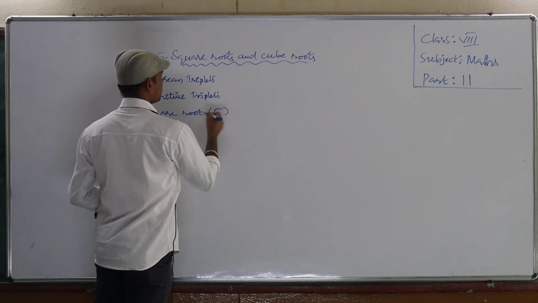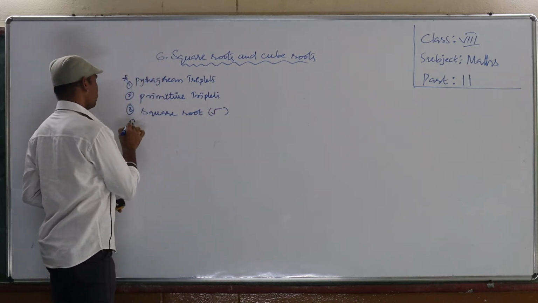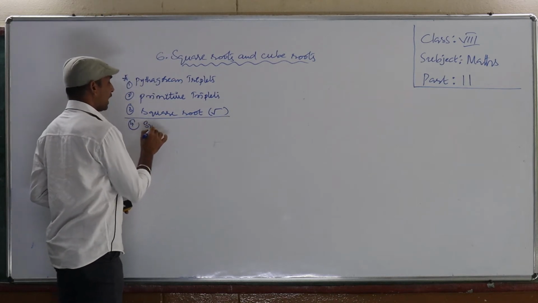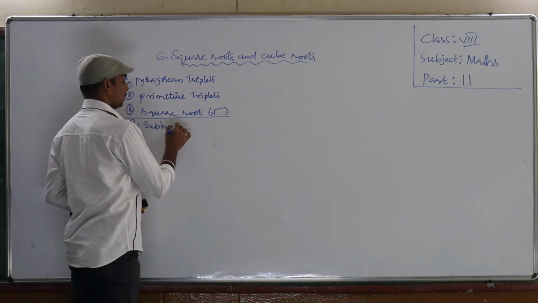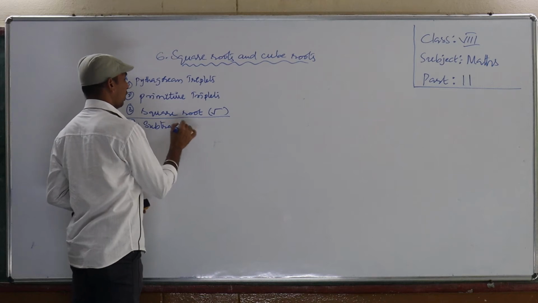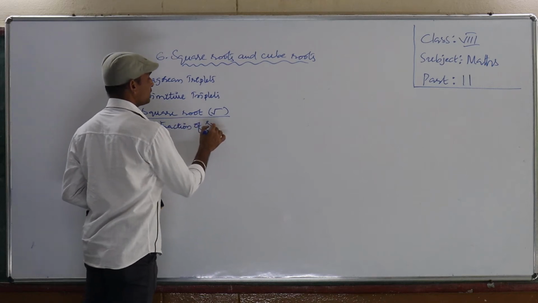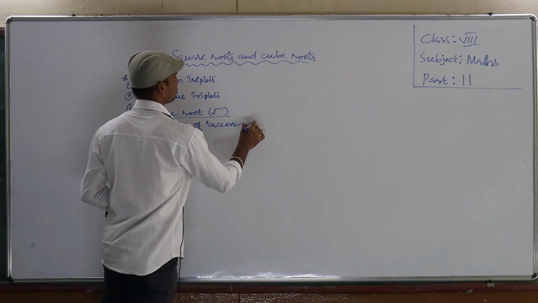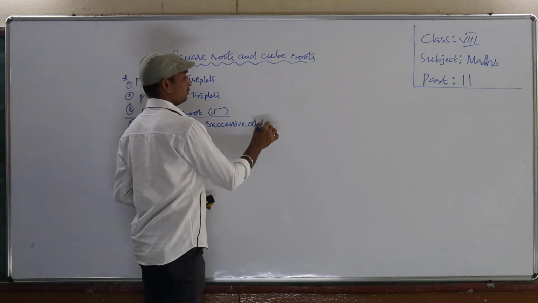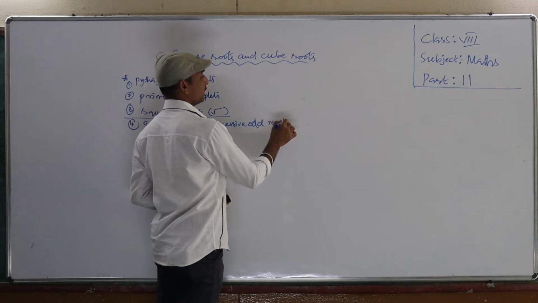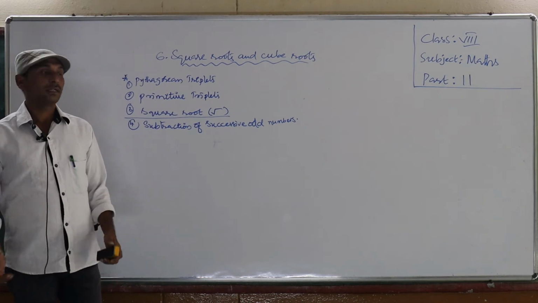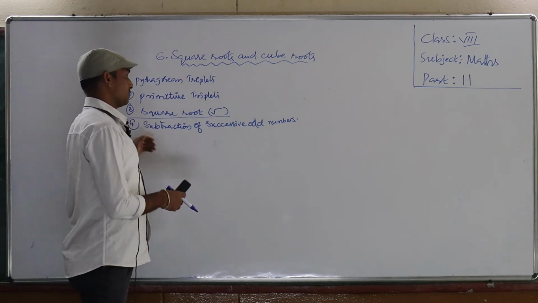In this, the fourth one is finding the square root by subtraction of successive odd numbers, which we discussed in the previous class.